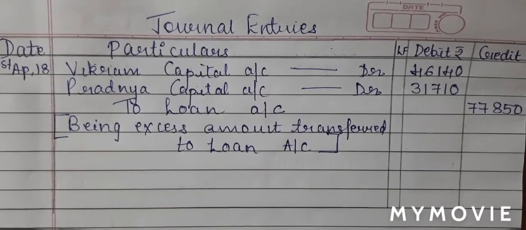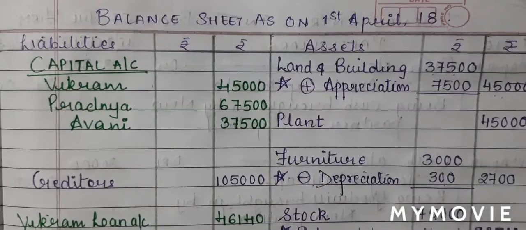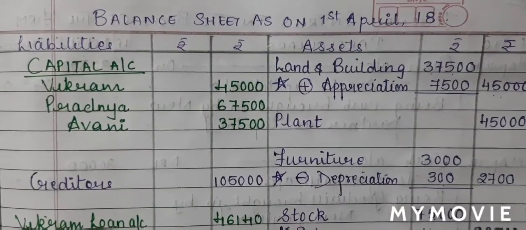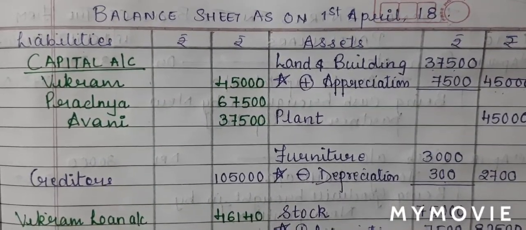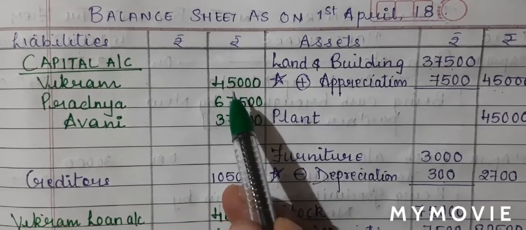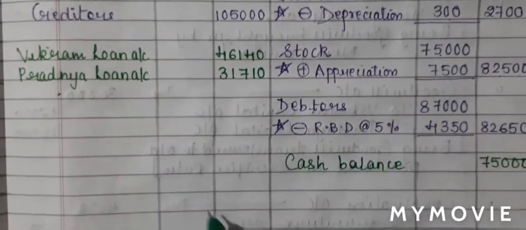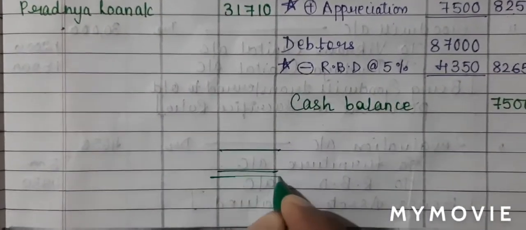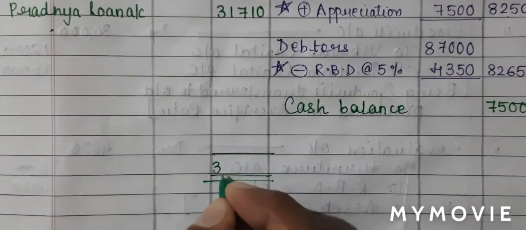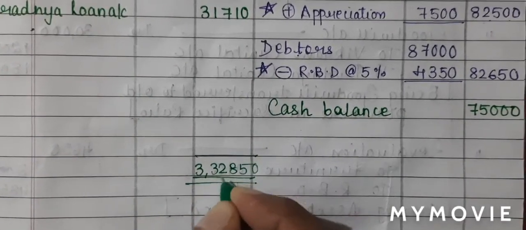With this students, we have completed the journal entry. And now we can also total our balance sheet. Since the working note is also completed, we will first total liability side. So once we total our liability amount, we get a total of 3,32,850.